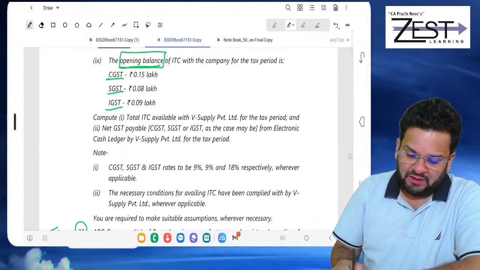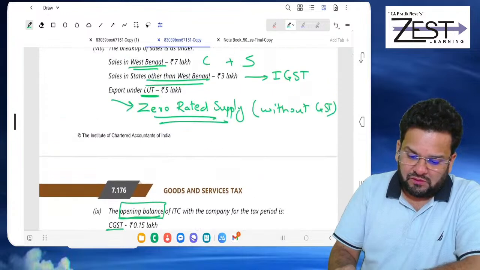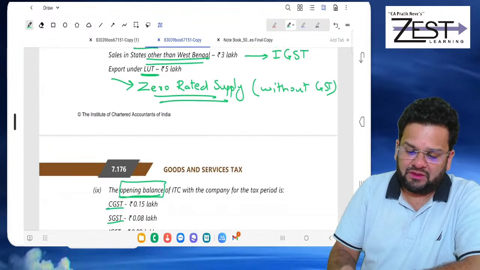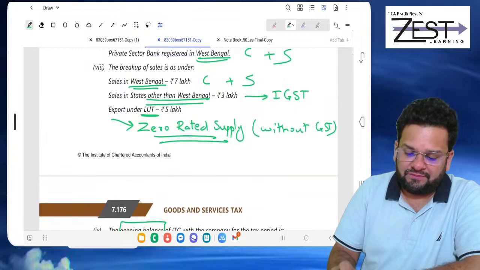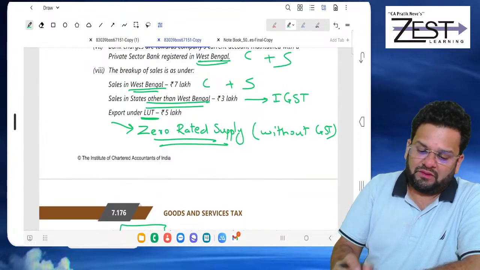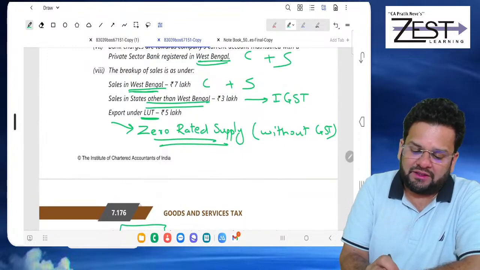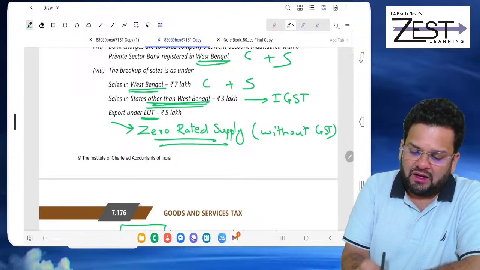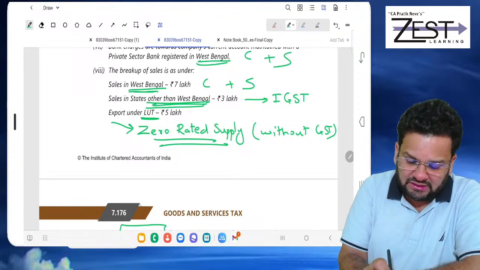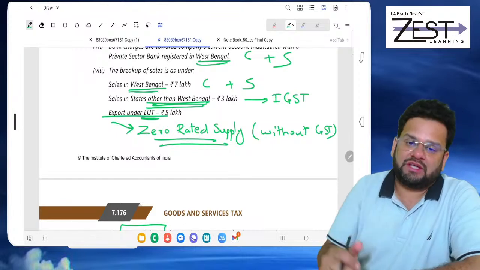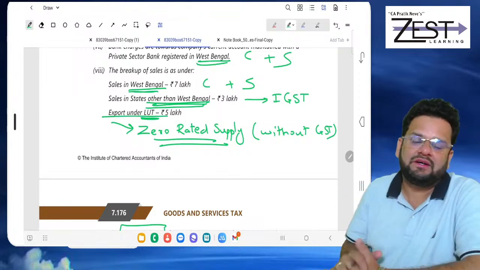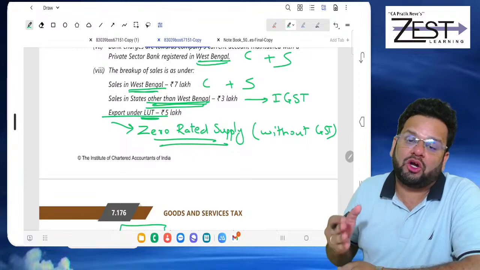And then compute, but I don't think there is any non-taxable supply in this case. There is only sales in West Bengal, that is intrastate, other than West Bengal, interstate, as well as exports, and exports which are zero rated. So there is no ITC which will be not allowed.